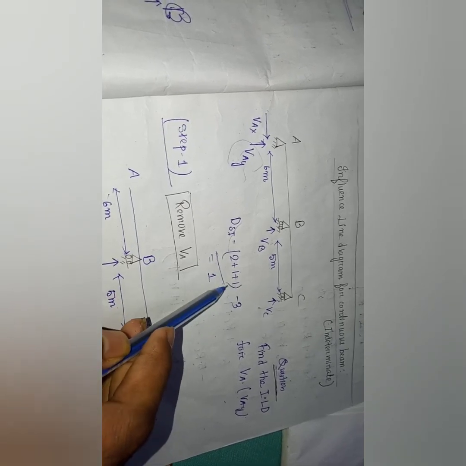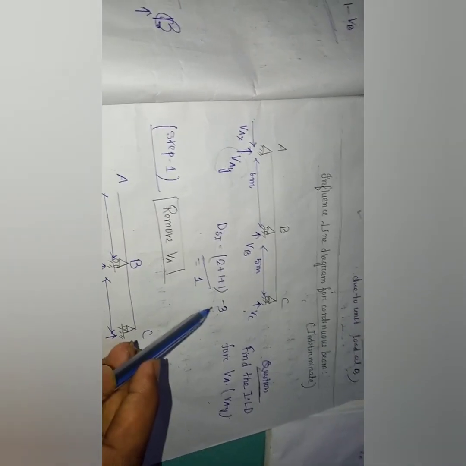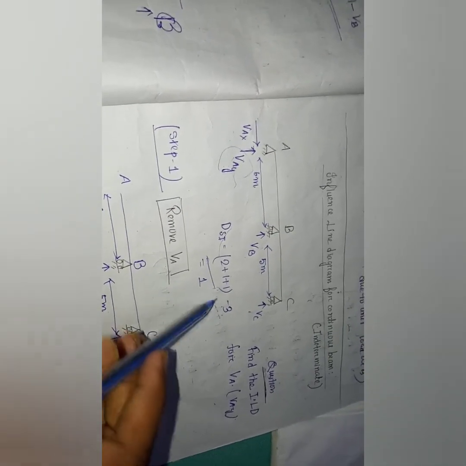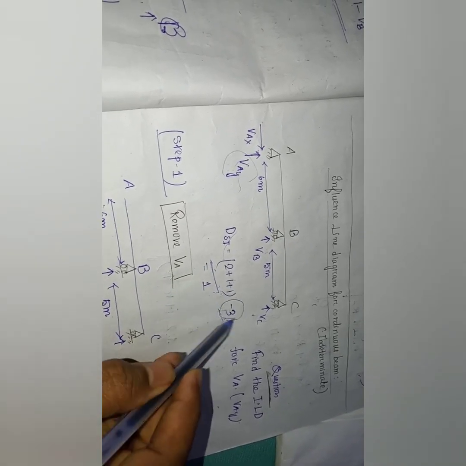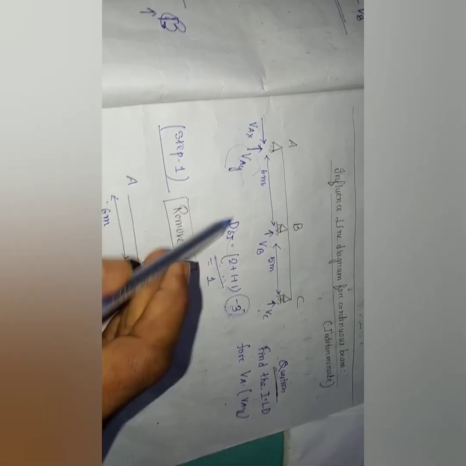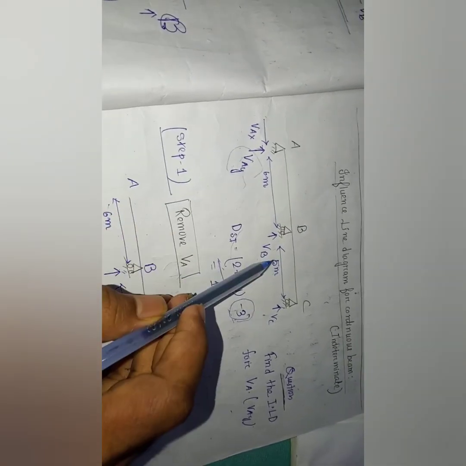So if we want to find the static indeterminacy, it will be the total number of reactions minus the equations available to solve it, right? The number of equations is 3, right? And the total number of reactions we have is 2 plus 1 plus 1, that is 4.